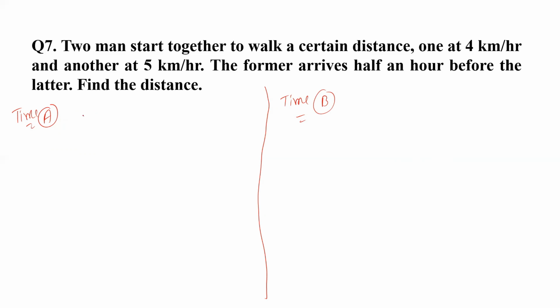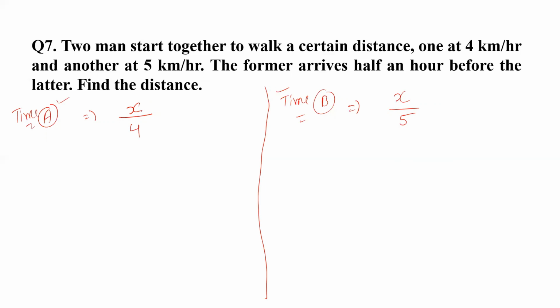So time taken by A is distance divided by speed, which is x divided by 4. In the same way, time taken by B is x divided by 5. So this is the time we have found, but it contains a variable x.